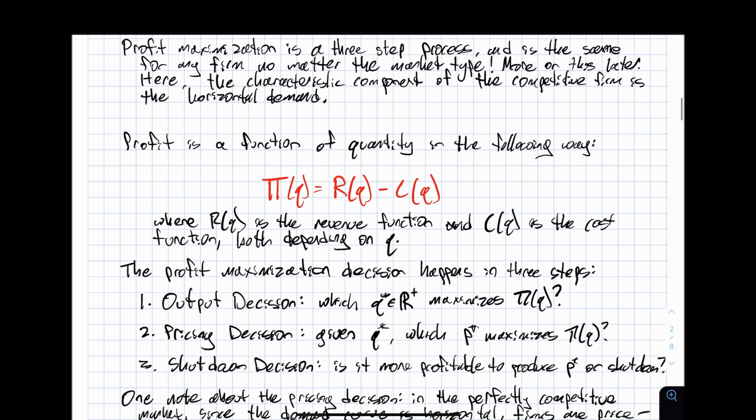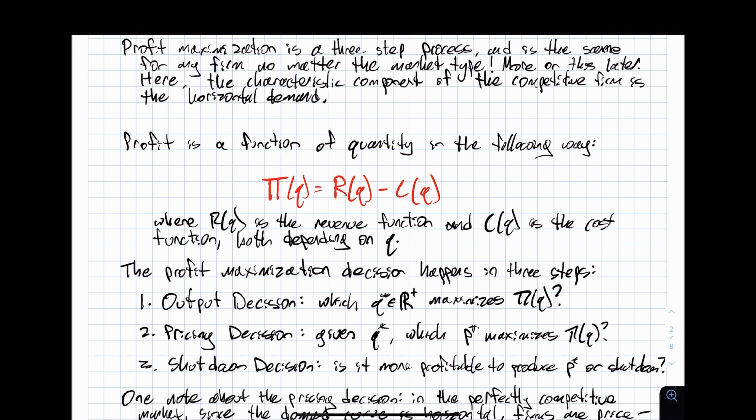Okay, so depending how you were taught profit maximization in your intro class, you may have seen this set of steps already. If so, this will be a more formal treatment. If you haven't seen this set of steps, when I teach intro, I teach this as a universal across every type of firm.